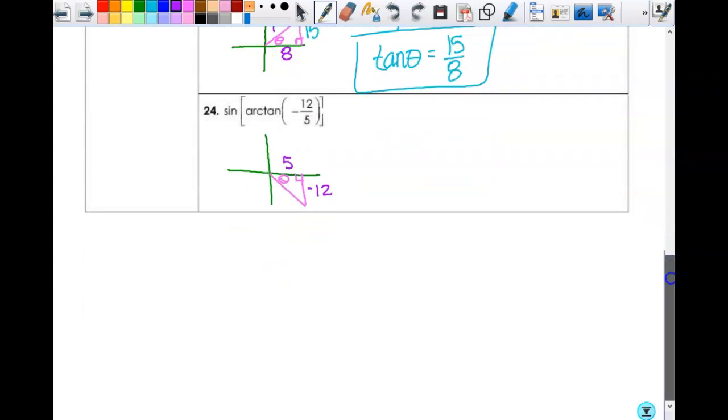Then you need to go and find the radius. It is 13. This is also a Pythagorean triple, 5, 12, 13.